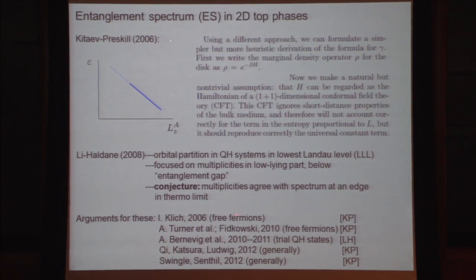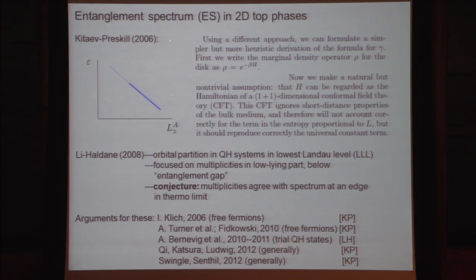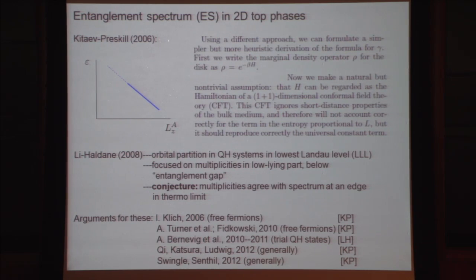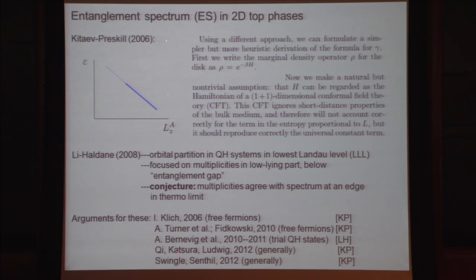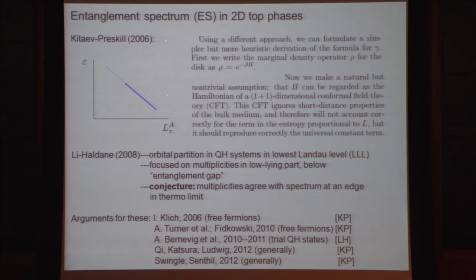Some of these authors considered only free fermions, some considered trial quantum Hall states, and some people advanced general arguments for the whole thing, which are fine, basically. And what I'm going to describe is an alternative line of argument based directly on trial quantum Hall wave functions.